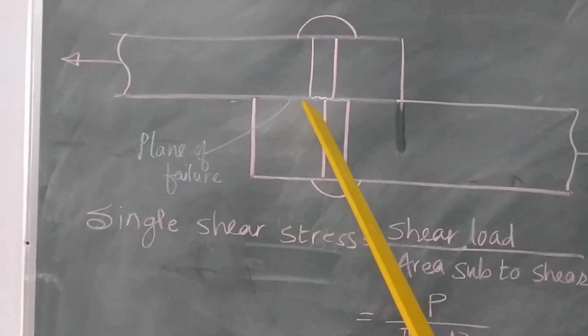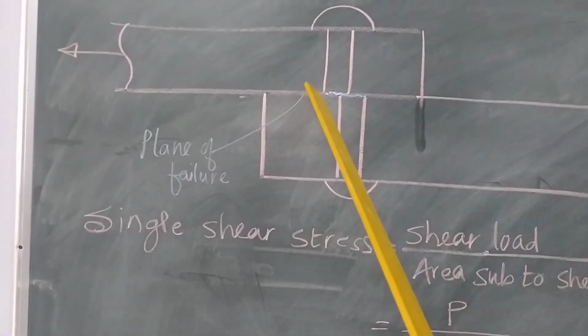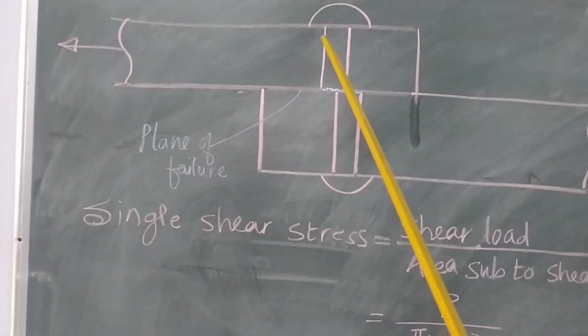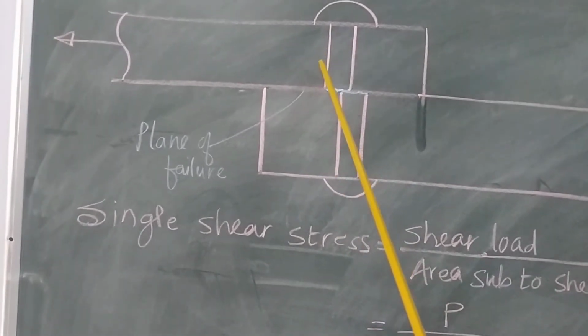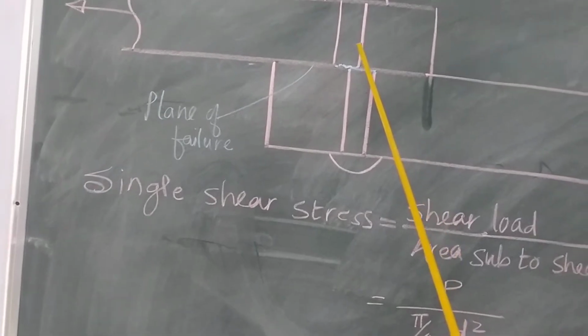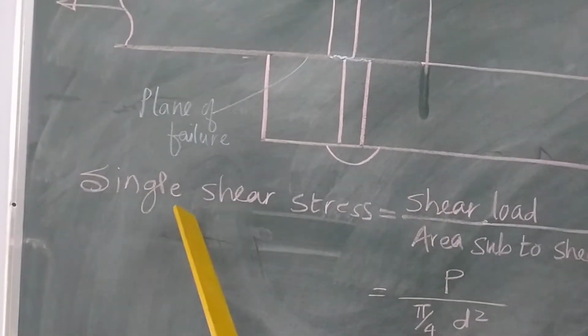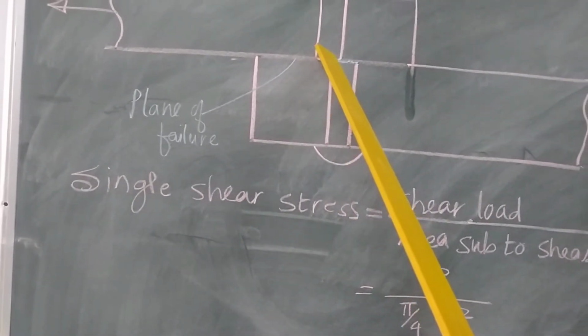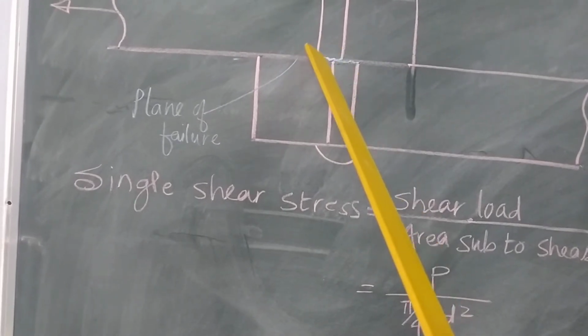So, this will create a single shear because only one break is there, though it is cutting in two sections, but it is a single shear. Do not get confused. So, single shear stress, it will cut at one section.